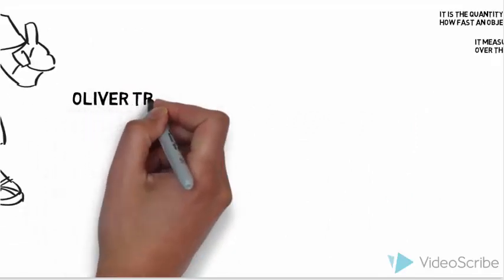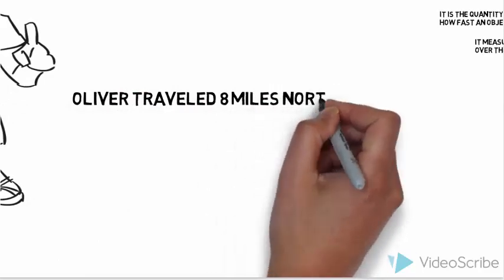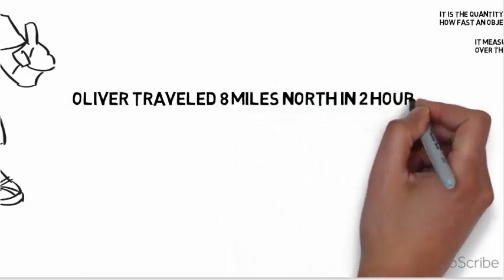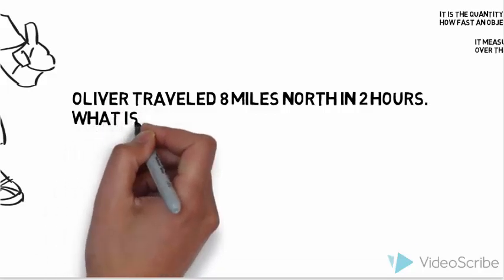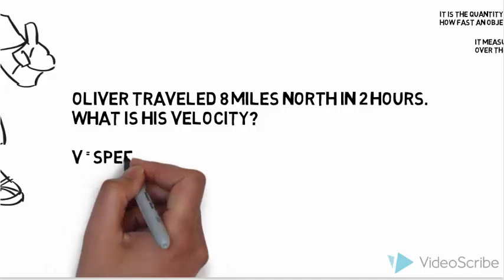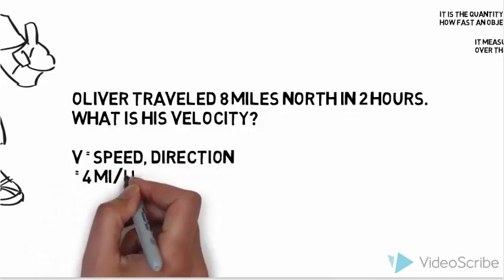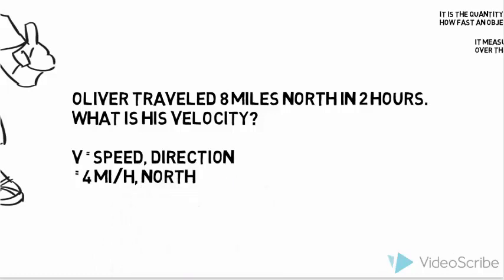As an example, Oliver traveled 8 miles north, and it took him 2 hours to cover that distance. What is his velocity? Again, to find out the velocity, you need the speed and direction. So that means 8 miles per hour north would be the answer.